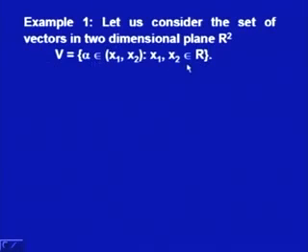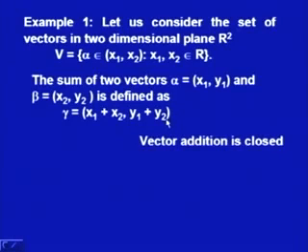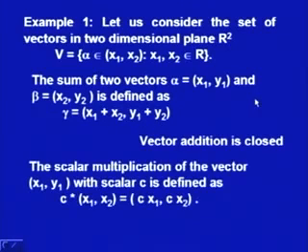So if we consider this set of vectors and we define the addition of two vectors alpha (x1, y1) and beta (x2, y2) as another vector gamma, which is (x1 plus x2, y1 plus y2), then vector addition is closed.